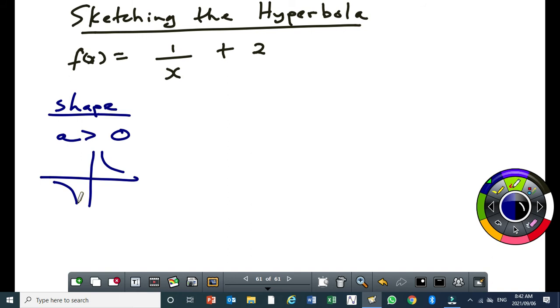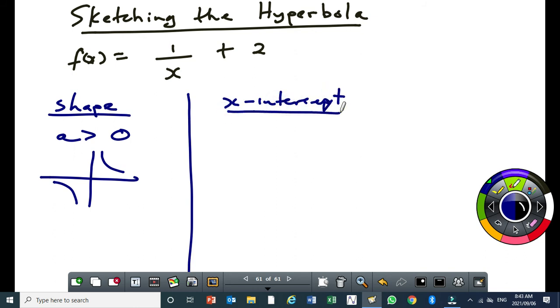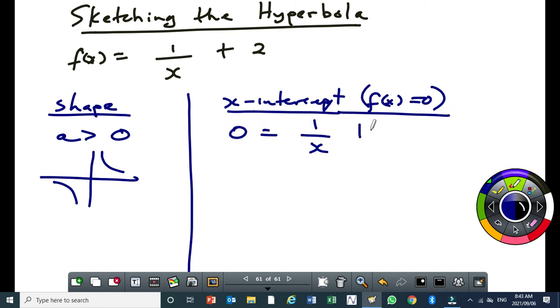Then obviously my y-intercept is undefined. Okay, I need to determine the x-intercept. Right, this one we determine when f of x is 0, always. Okay? But I think I gave you an equation, but I'm not going to use that equation. So 0 equal to 1 over x plus 2. Then you have to take that positive 2 to the left.